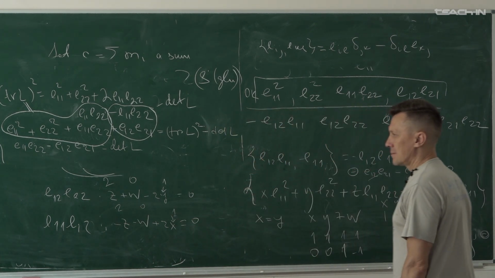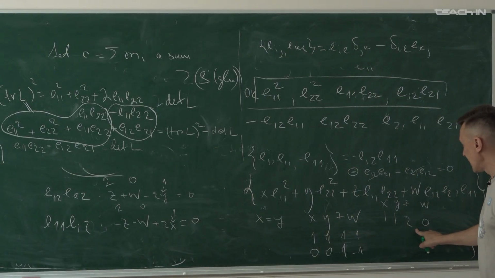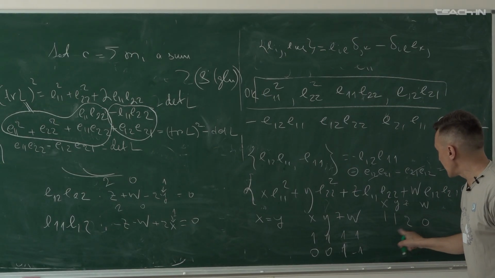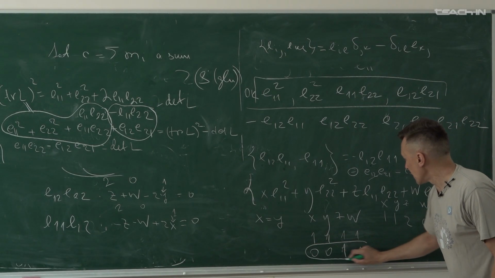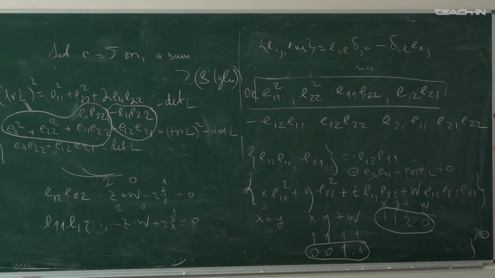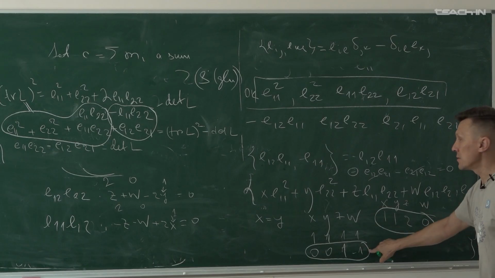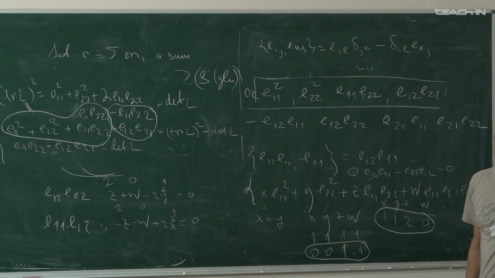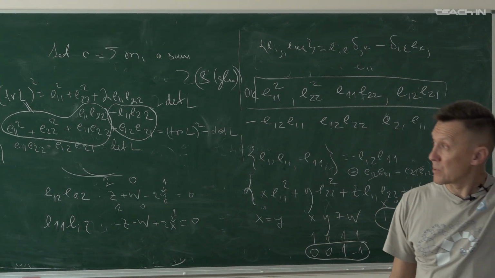Yes, it's a solution. And we need to verify that two such solutions, this is the determinant and this is the square root trace, that these are linearly independent. Are these vectors linearly independent?